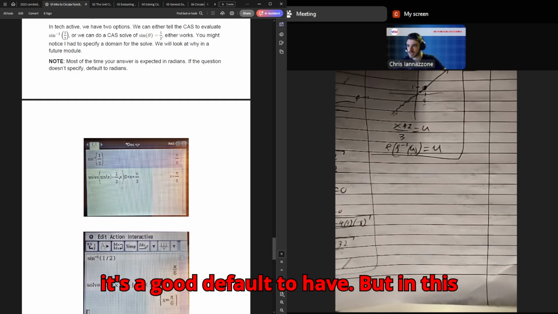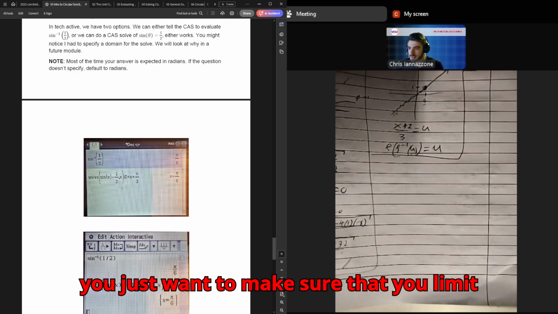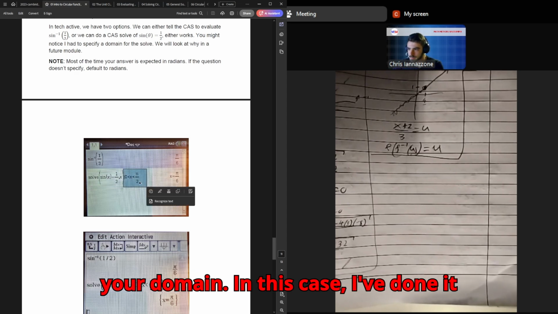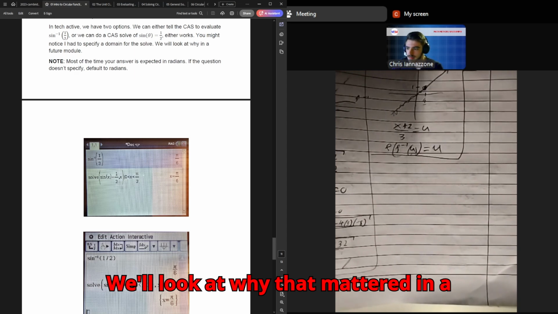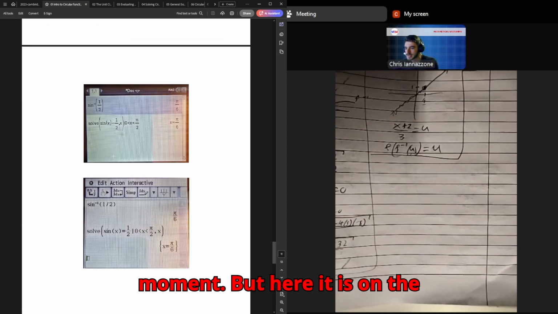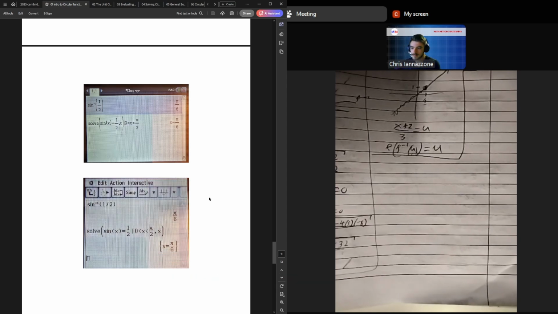So it's a good default to have. But in this case, if you're doing the solve approach, you just want to make sure that you limit your domain. In this case, I've done it from 0 to pi over 2. We'll look at why that mattered in a moment. But here it is on the TI-Nspire, here it is on the Casio. Same.